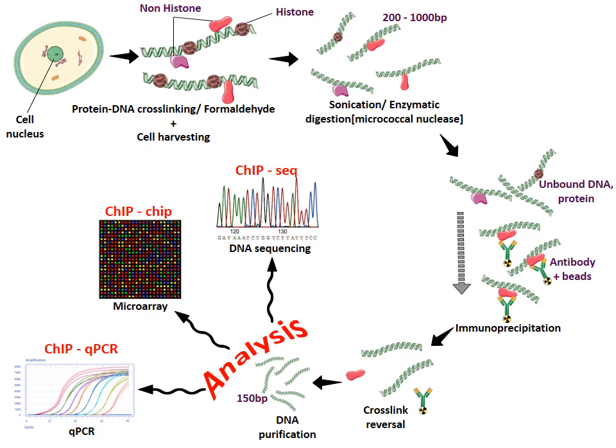Then for the immunoprecipitation, the antibodies associated with beads are designed against the protein of interest. Here the protein of interest may be transcription factors, modified histones, co-activators, repressors, etc. And the use of these antibodies pulls down or precipitates these proteins of interest along with their associated DNA sequences.